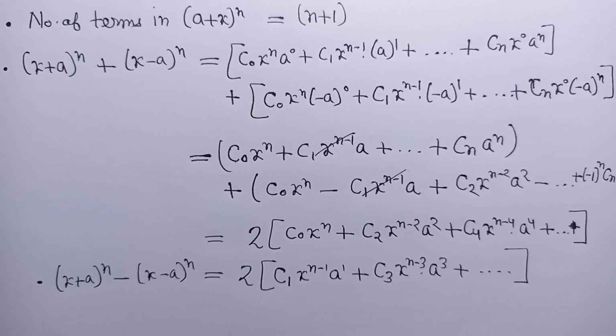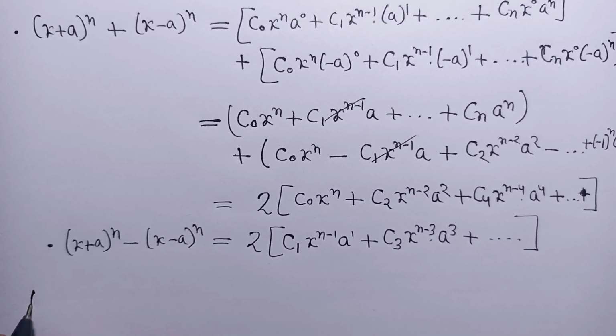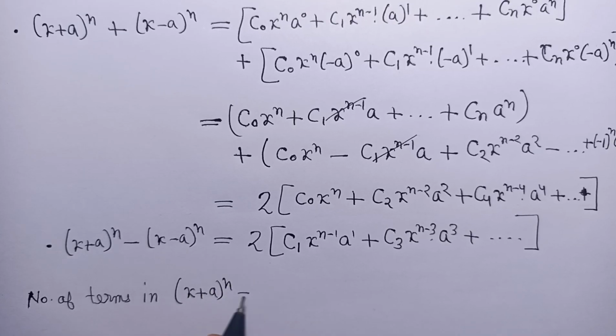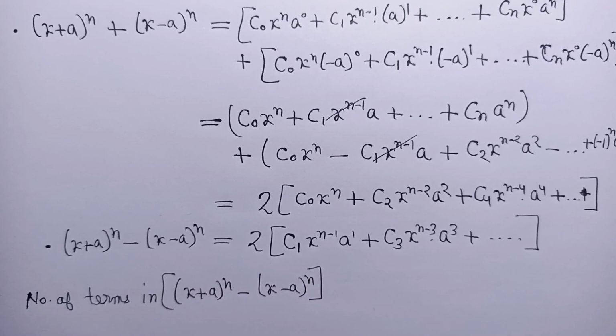Okay, now talking about number of terms in x plus a whole power n minus x minus a whole power n. So how many terms are there in this form?